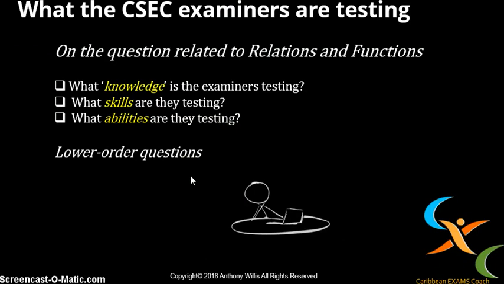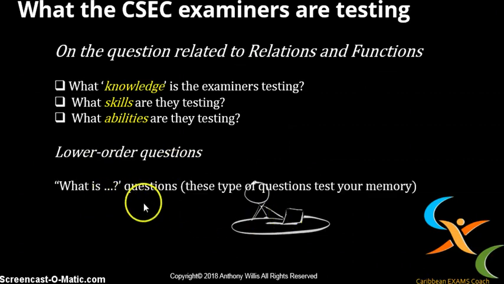So to help you develop a good understanding of the topic, you need to ask yourself lower order questions. Lower order questions are questions in the form of what is a relation, what is a function, what is a mathematical expression.